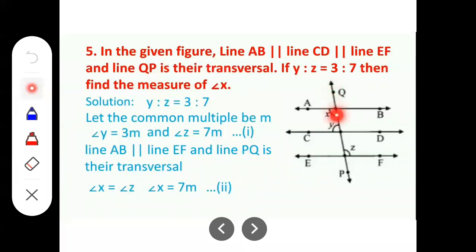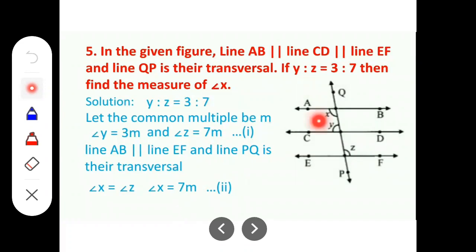Now the angles are mentioned here: X, Y, and Z. The ratio between angle Y and Z is given, that is 3:7. Angle Y and angle Z, the ratio is given as 3:7. Then find the measure of angle X.